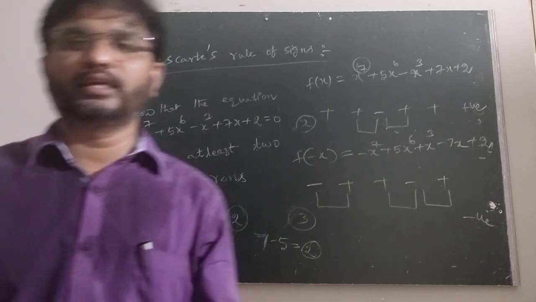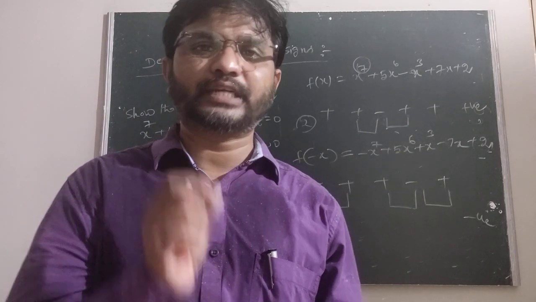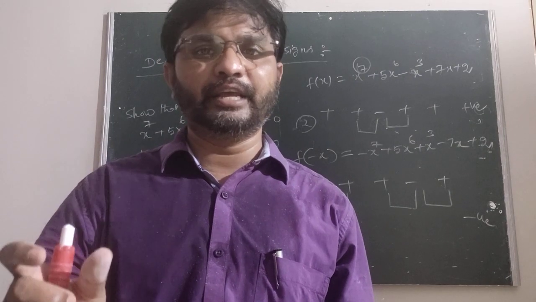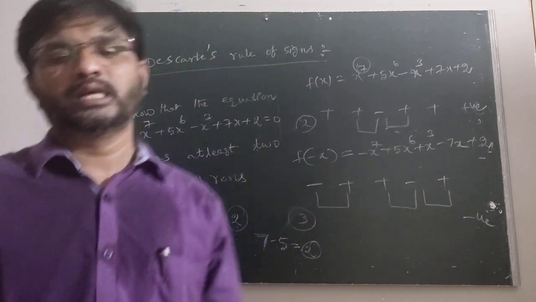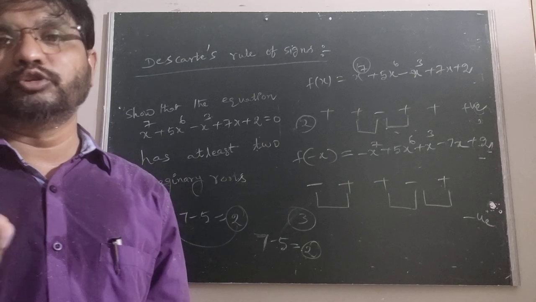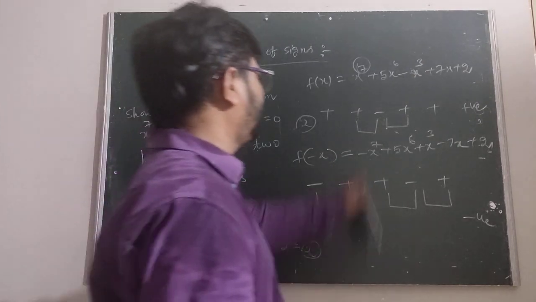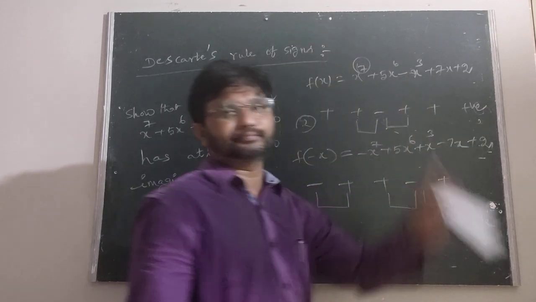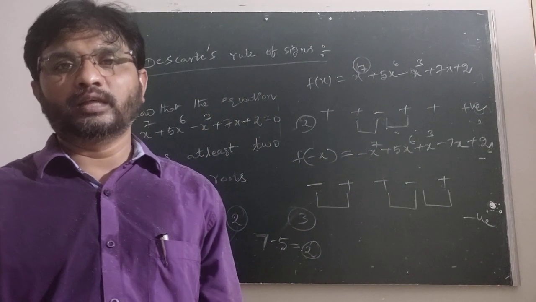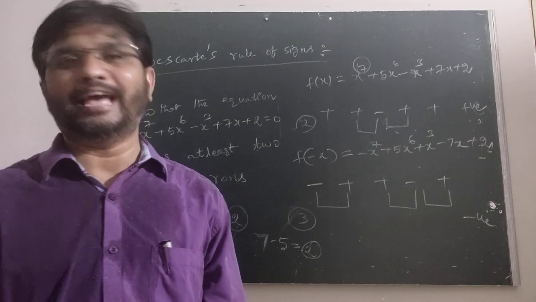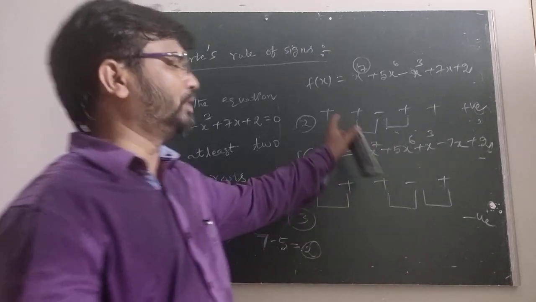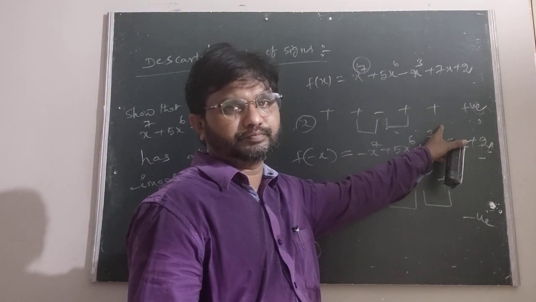So f of x is a polynomial of degree n. If f of x equal to 0 has p changes of sign, then f of x equal to 0 has at most p positive roots.